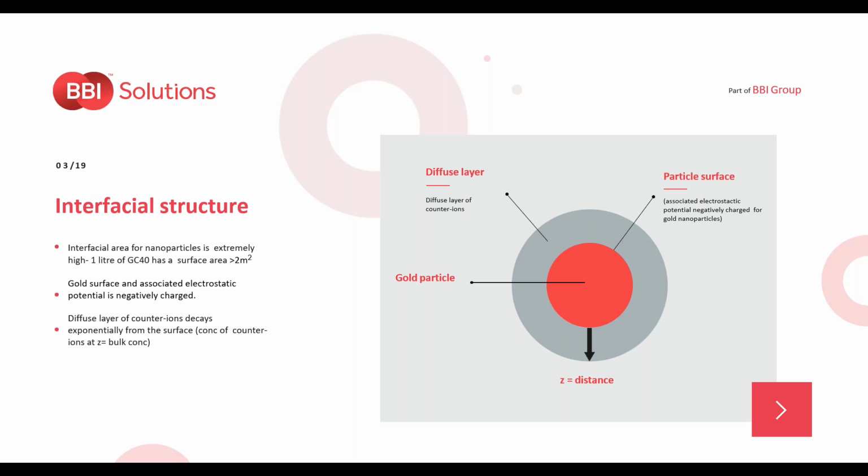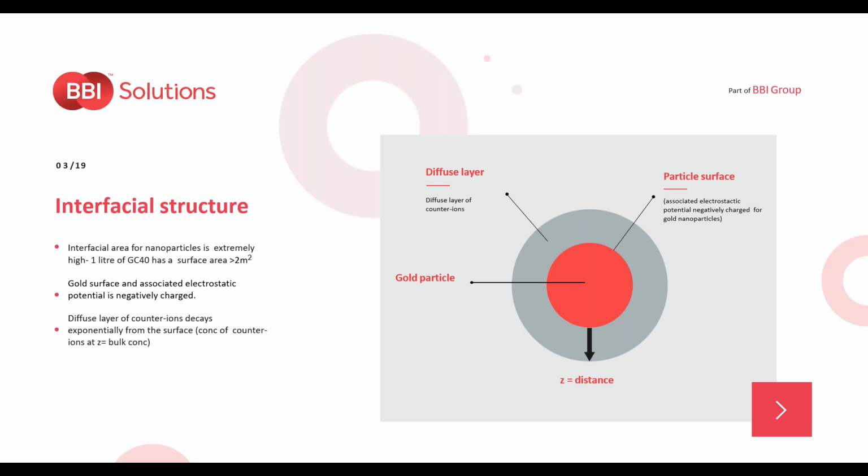We've got a perfectly spherical gold nanoparticle, and then there's a distinct surface coating layer associated with the gold nanoparticle. This layer looks to be of consistent thickness around the particle and of consistent concentration as well. But that's not really the entire picture.